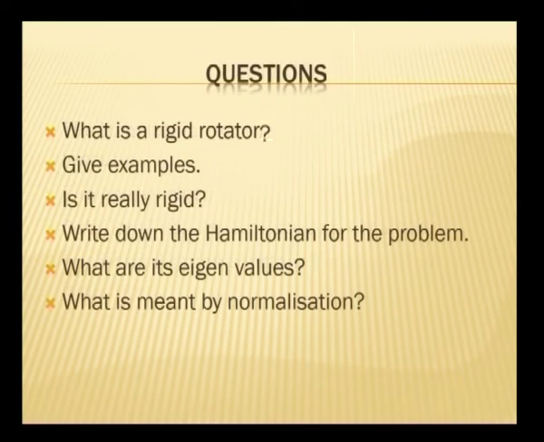The questions are: what is a rigid rotator? Give examples. Is it really rigid? Write down the Hamiltonian for the problem. What are its eigenvalues? What is meant by normalization?